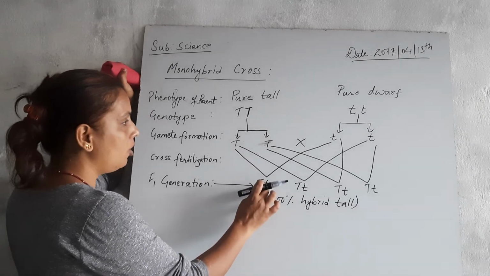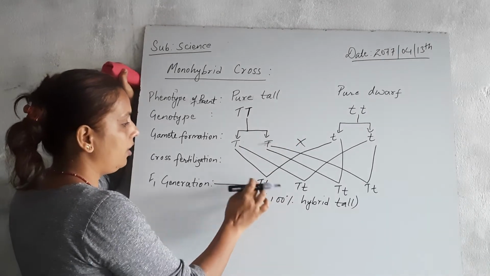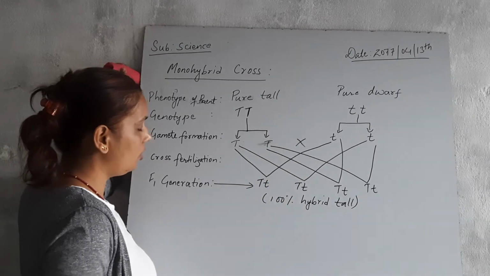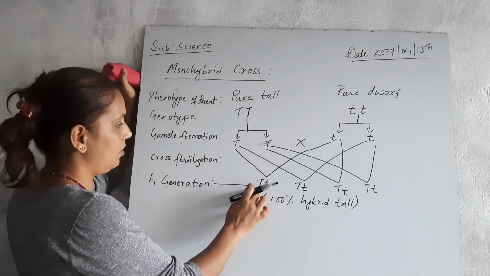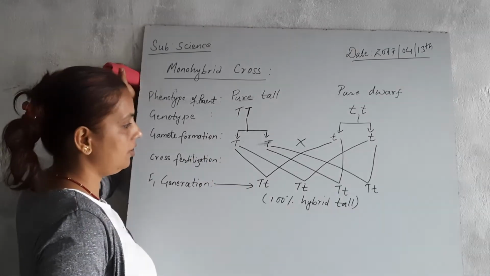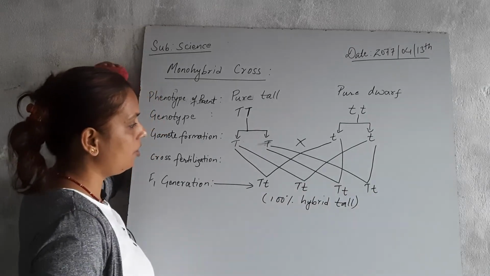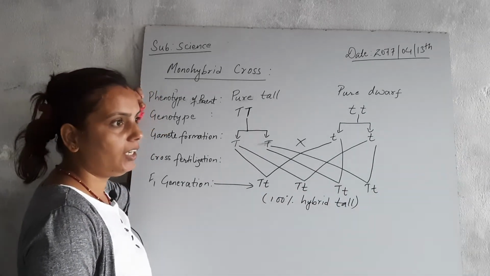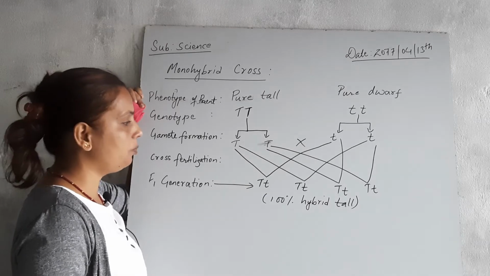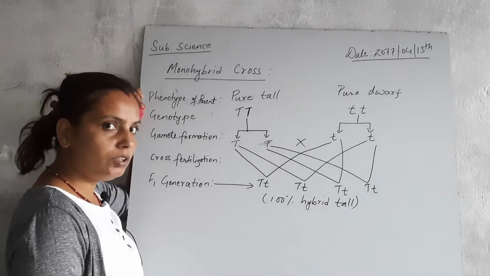Although small t represents the pure dwarf and capital T represents the pure tall, since capital T is the dominant character, all the offsprings developed in the F1 generation expressed tall.